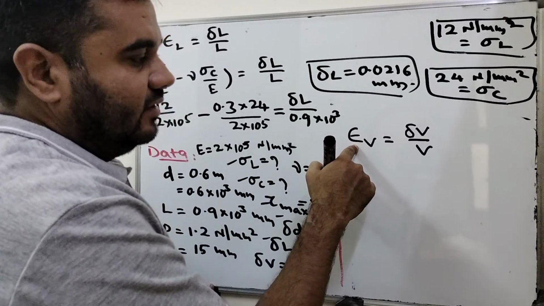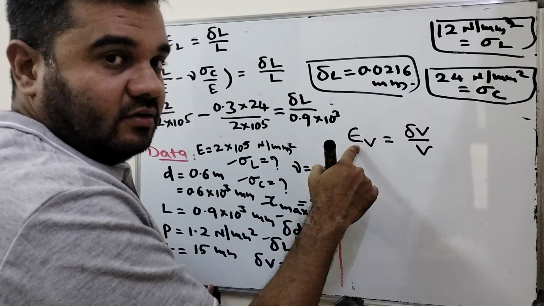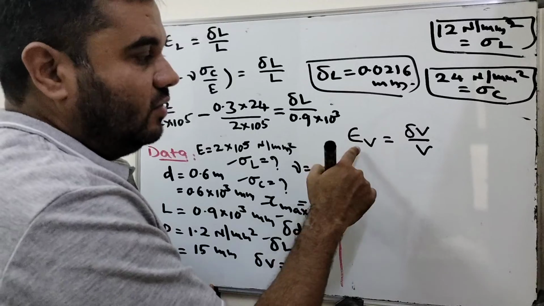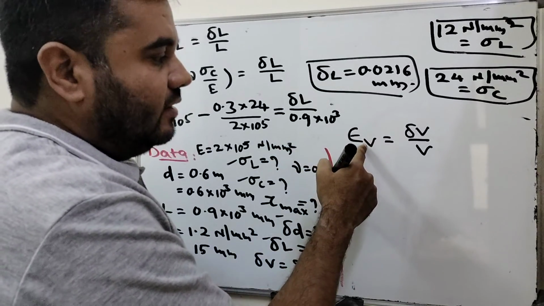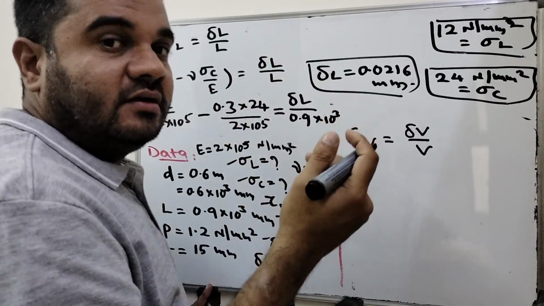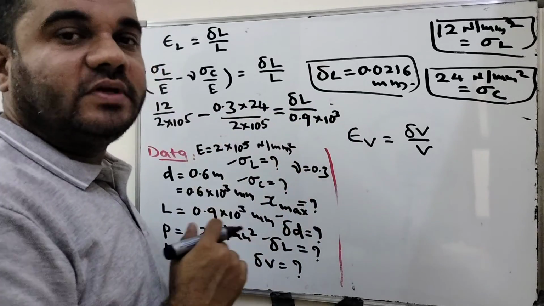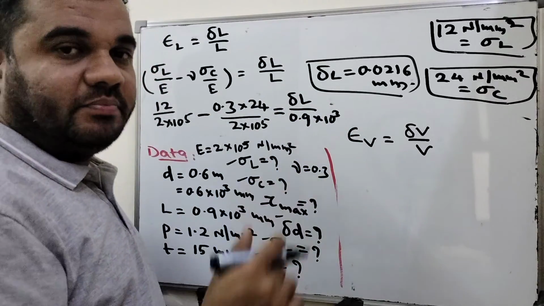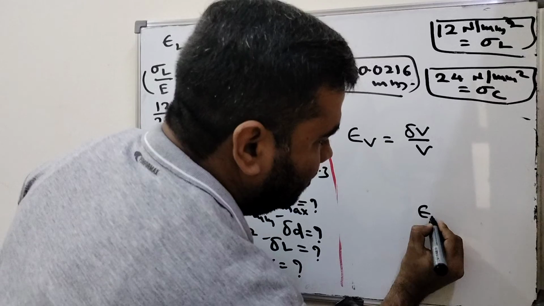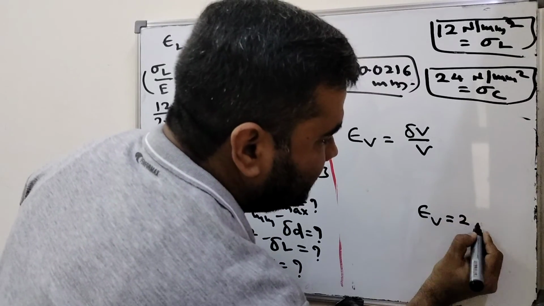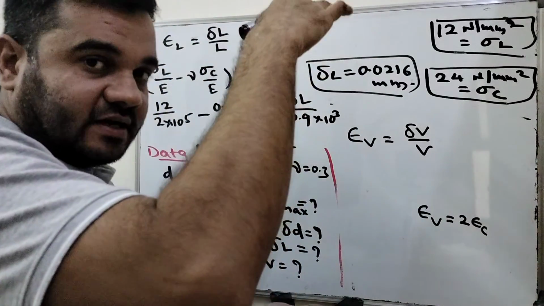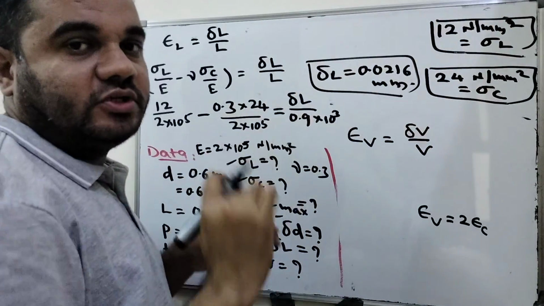But how will we calculate the change in volume? What is the relation between volumetric strain with the circumferential strain and the longitudinal strain? I gave it in the previous video. We have one equation: the volumetric strain equals 2 times circumferential strain plus 1 time longitudinal strain.